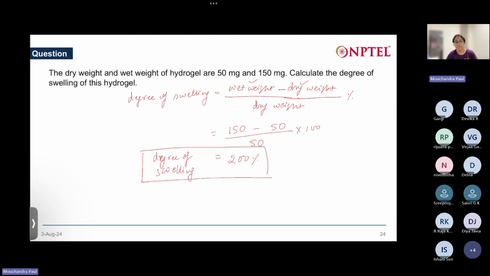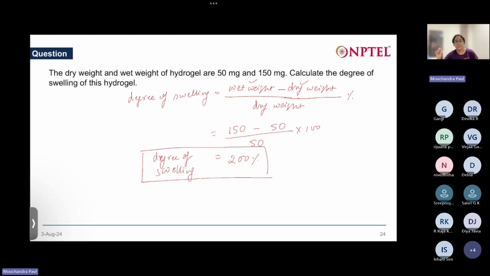In many papers and literature, they are trying to calculate the degree of swelling of hydrogels. Generally, we don't do it for one particular time point. We do it for a duration, like 24 hours, after 48 hours. We take the hydrogel, first dry it, maybe through freeze drying or air drying, to remove the entire water content, and then we weigh it.